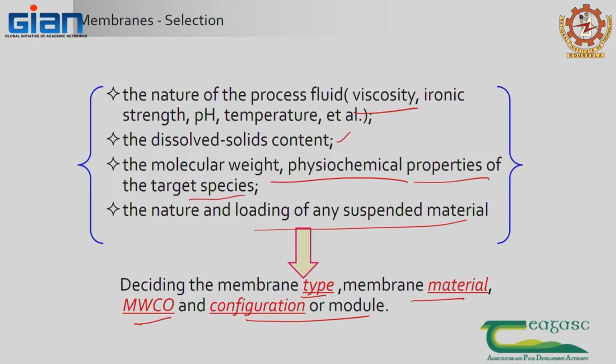It may happen you use a membrane system to segregate material between 100 to 150 kilodalton, and then when you check its molecular weight, it is completely different. Is it possible?